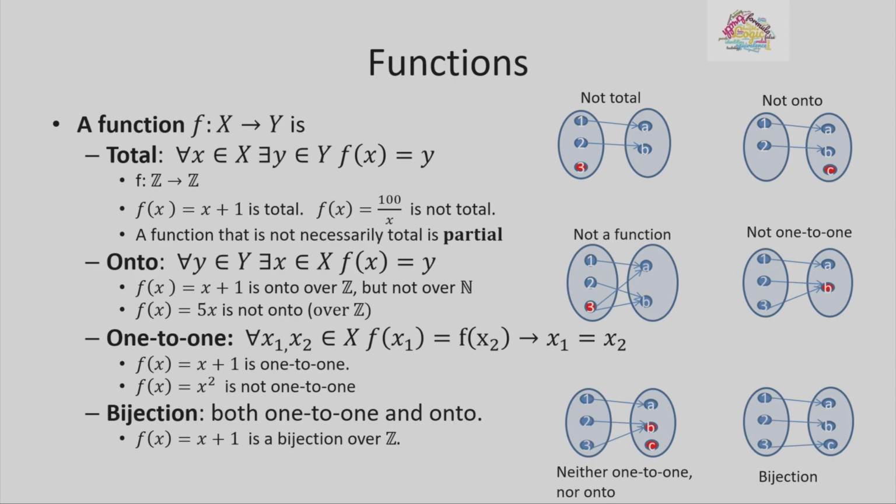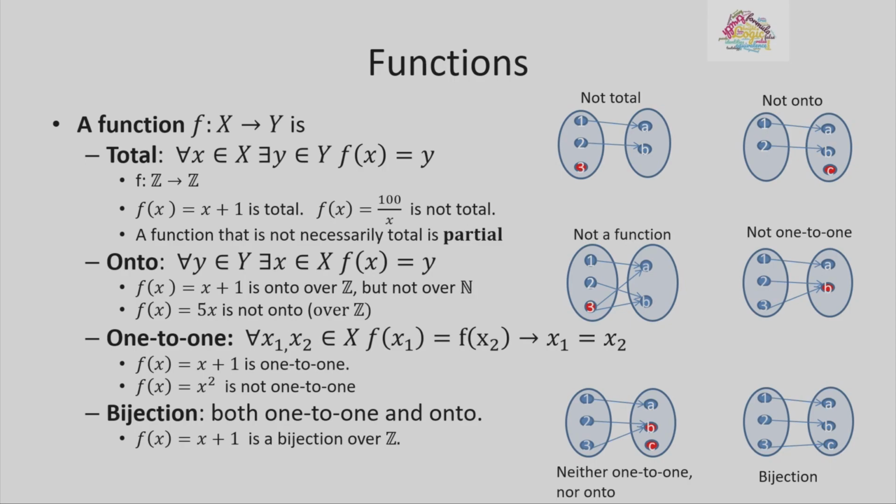More familiar, numerical examples: if you take f, which takes integers to integers, and f takes number x to x plus 1, that's a total function. To any integer, you could add 1 and still get an integer.